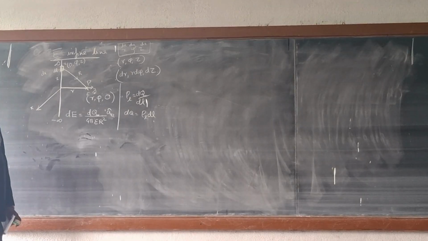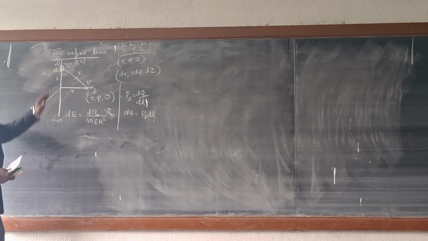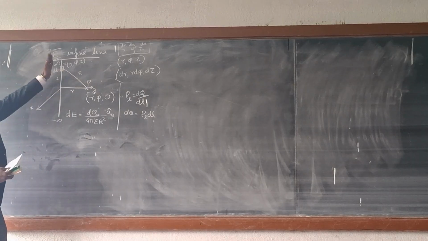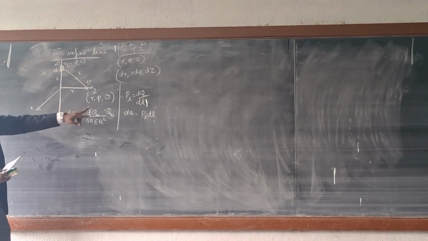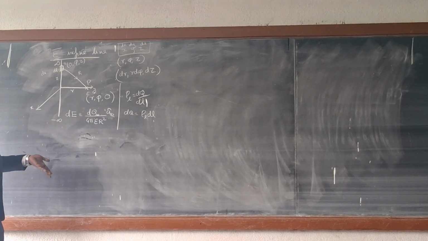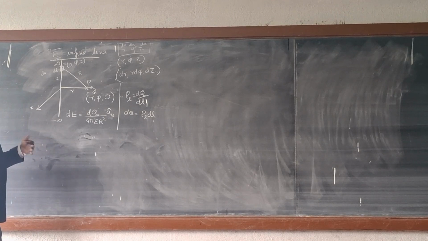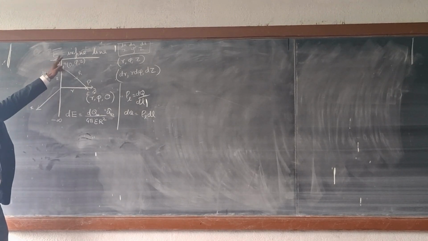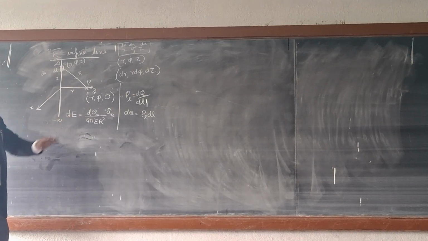You may ask a question, okay, why rho L? We can use rho S, ds, rho v, dv. That depends on the type of charge. If the charge is in the form of a line, we have to use rho L. If the charge is in the form of a sheet, we have to use rho S. If the charge is a volume charge, we have to use rho v. Okay. Since here it is an infinite line, we are using rho L dl.